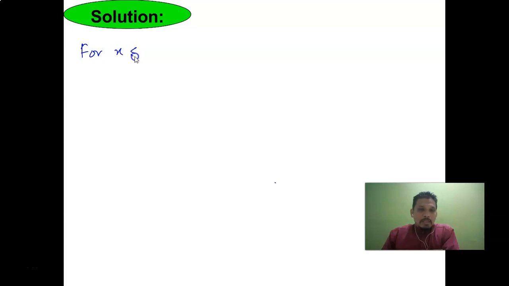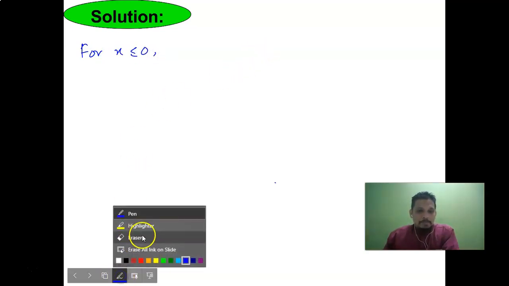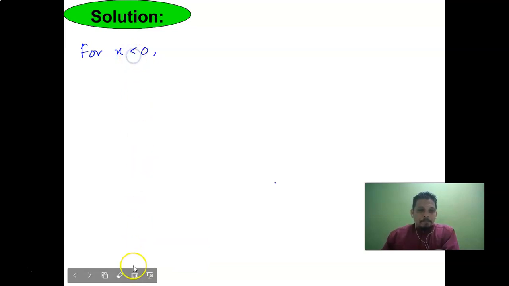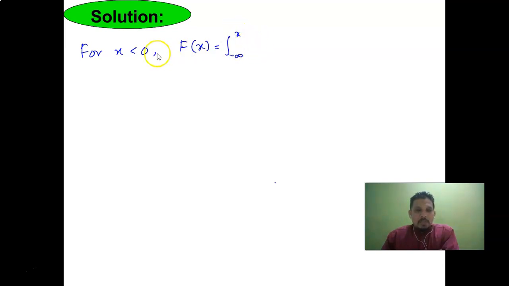for x less than 0, not less than or equal, less than only. Okay. For x less than 0, then F(x) equal to the integral from negative infinity until x, where we substitute the function as 0 with respect to t. Okay, so this one will give you 0.